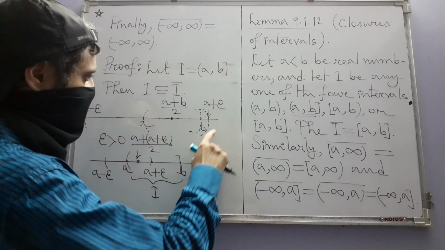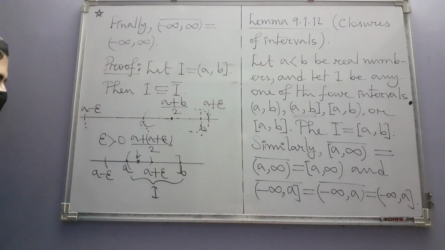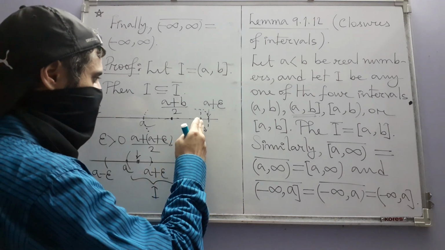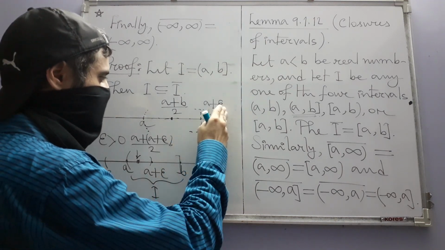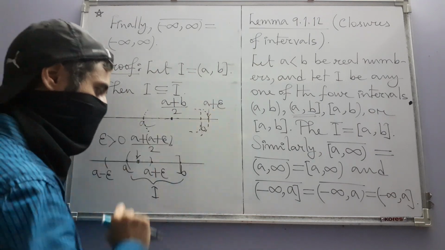So what do you see here that we are doing that is the same in both these situations? Namely, we see which one of these two numbers is closer to A. Here B is closer to A than A plus epsilon.